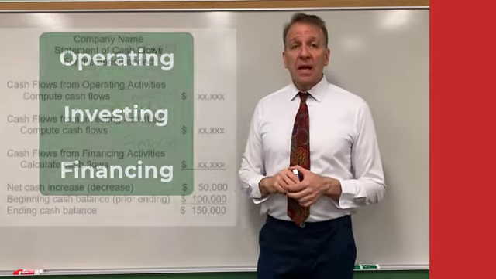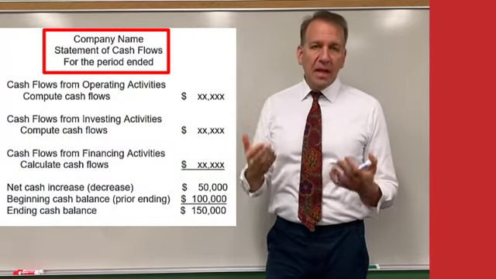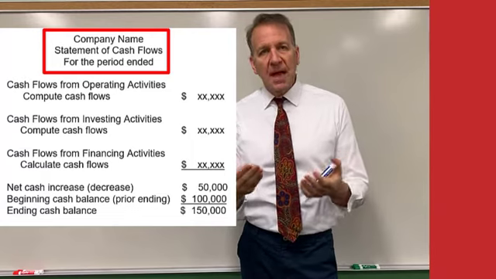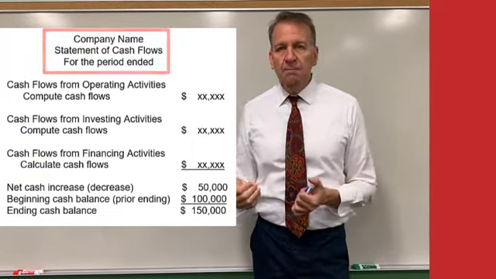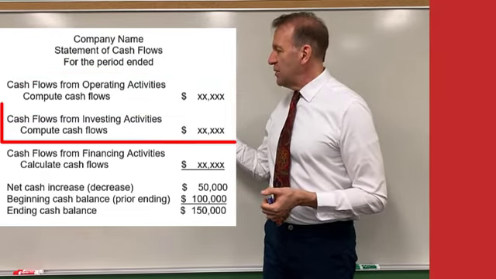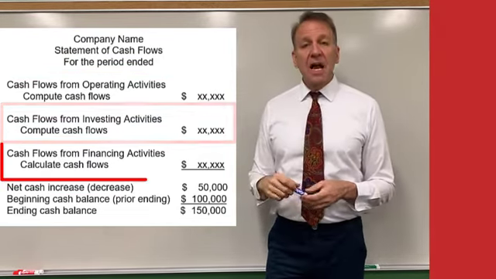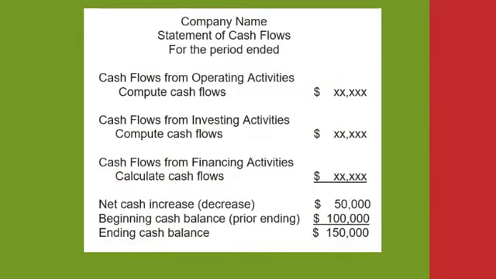So that's the direct cash flow. We'll start with titling our cash flow statement, giving the company name, saying it's a statement of cash flow, saying it's for the year of whichever year we're working on. And then we would have activities with operating, activities with investing, activities with financing. And then once we summed all these up, we would get a total, all right? So let's just say in my example, because remember cash went up 50,000, so we're going back to the very beginning of the video.